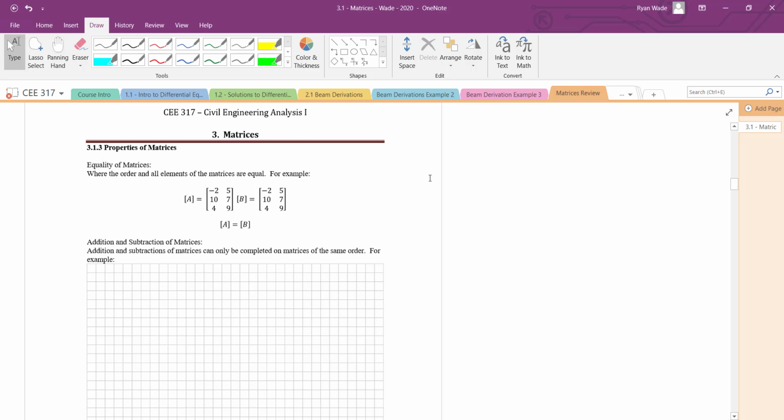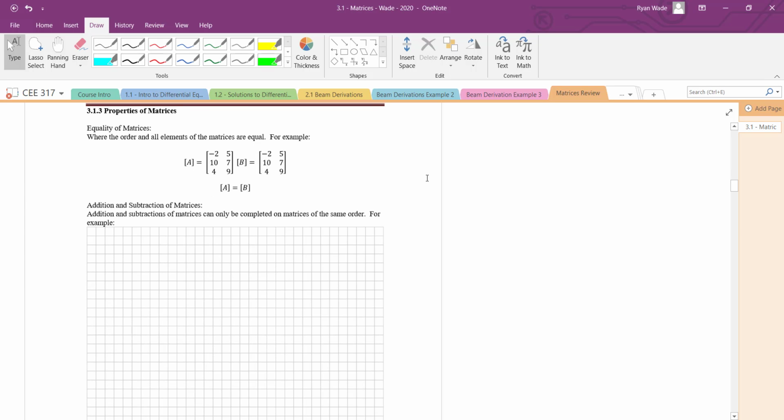When we do addition and subtraction, we have to do them in order. So if we just say that we have a matrix A, which is equal to A11, A12, A21, A22, and then we have a matrix B of the same order, B11, B12, B21 and B22. I can add and subtract these because they're a 2x2 matrix, right?